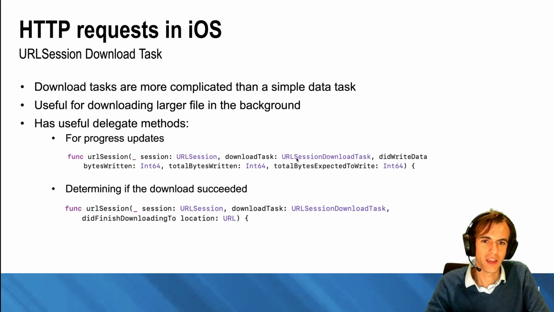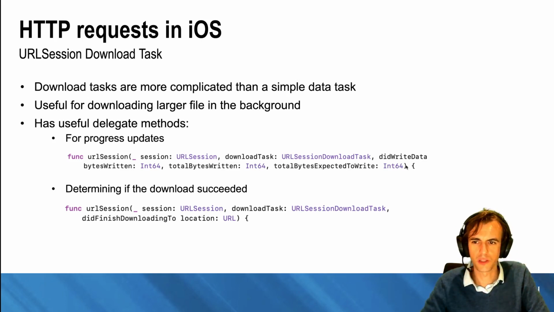You also get the particular download task that triggered this delegate call, and then we found out that it did write some data. We get told the bytes that were written, the total bytes that have been written, and the total bytes that are expected to write based on the response that told us the file size at the beginning. So that's progress updates.